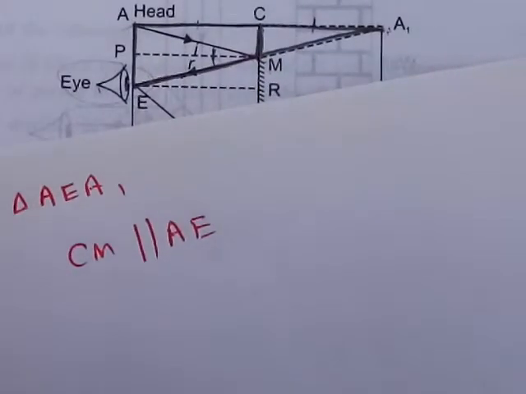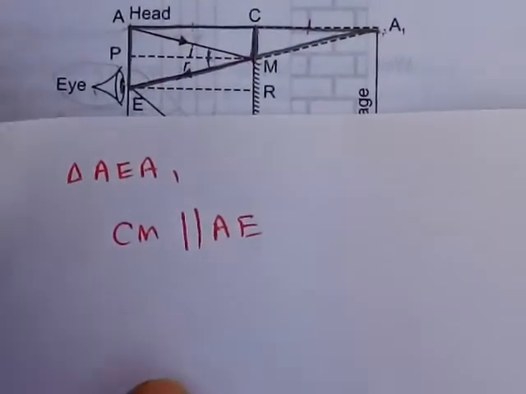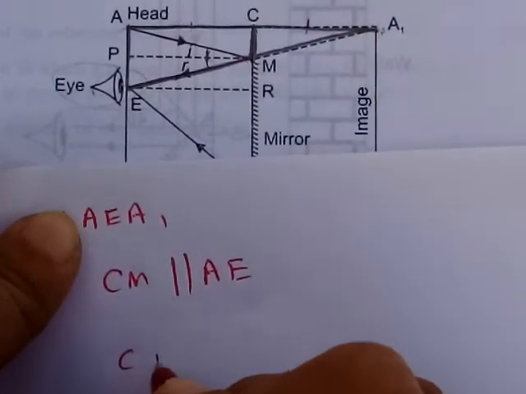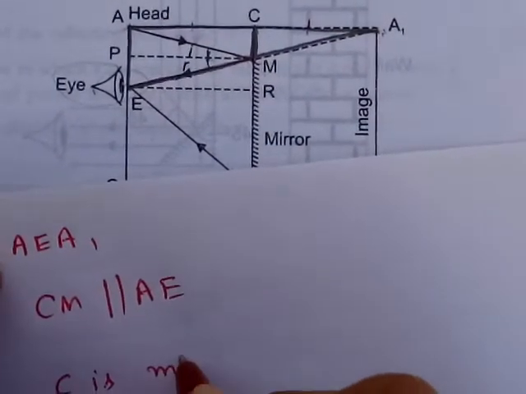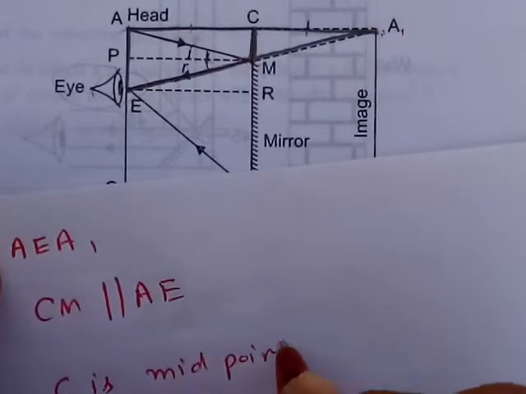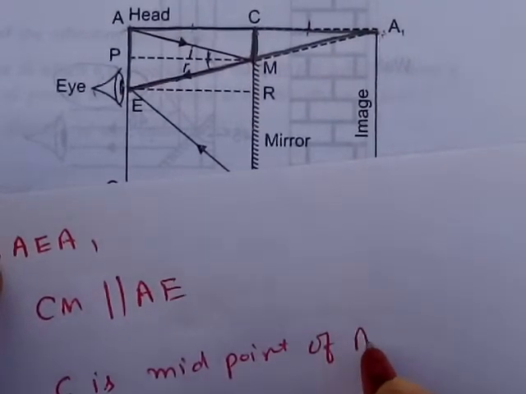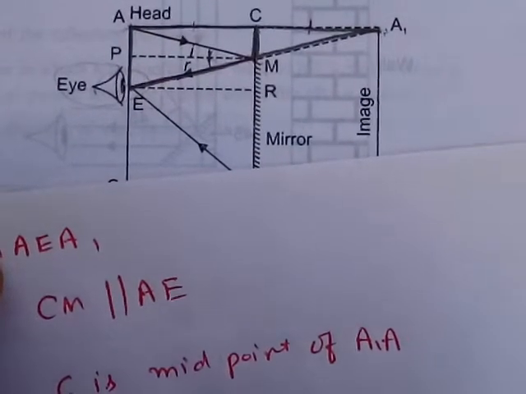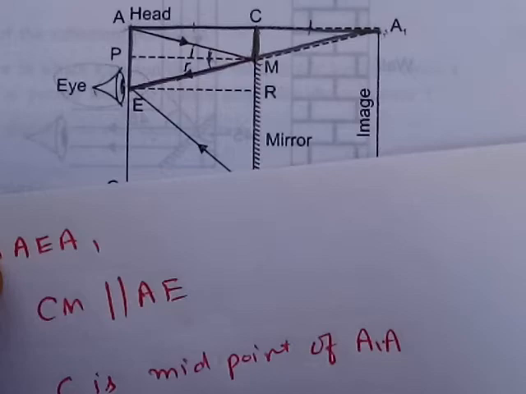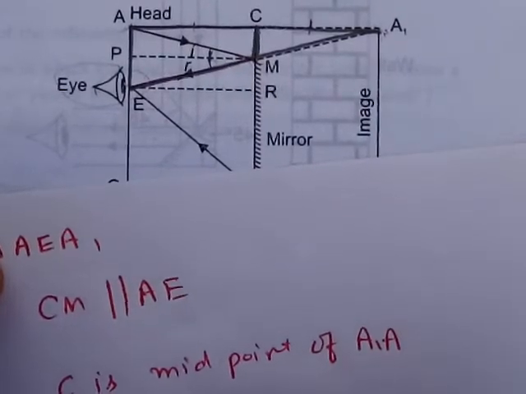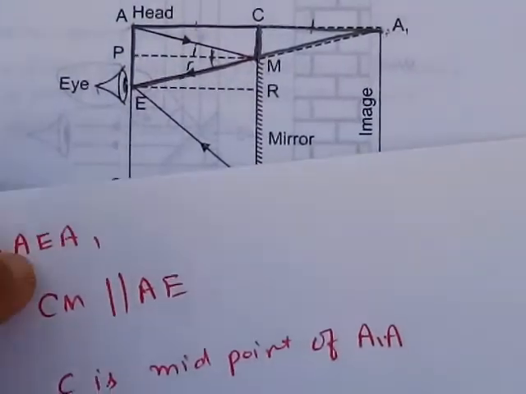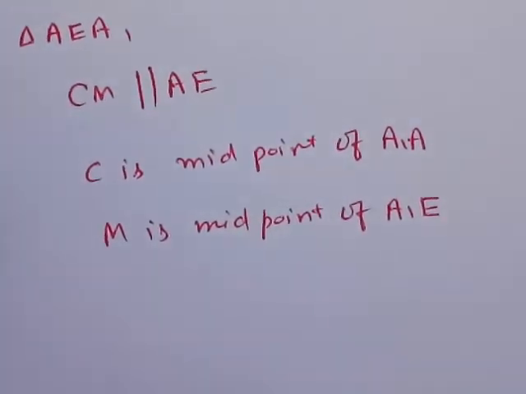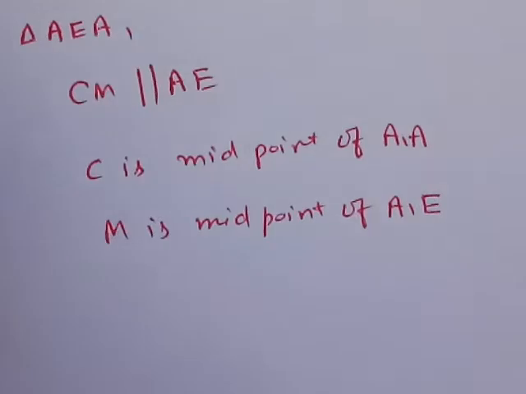According to the midpoint theorem, if CM is parallel to AE, then C is the midpoint of A1A and M is the midpoint of A1E in triangle AEA1.